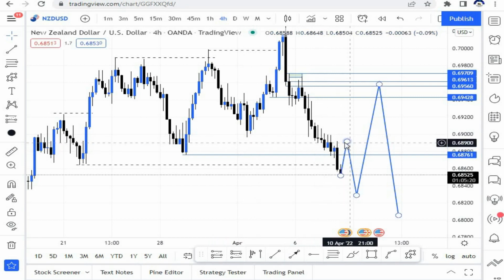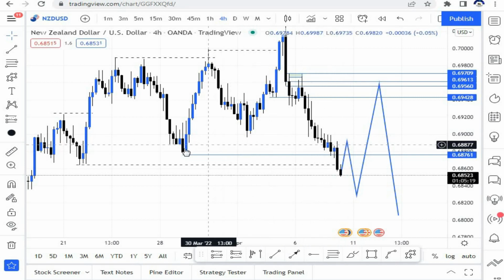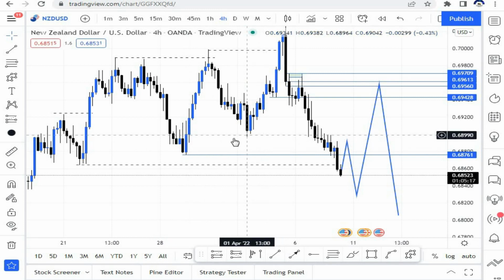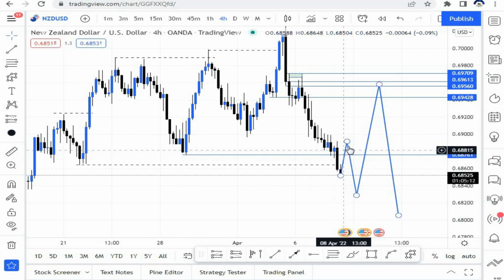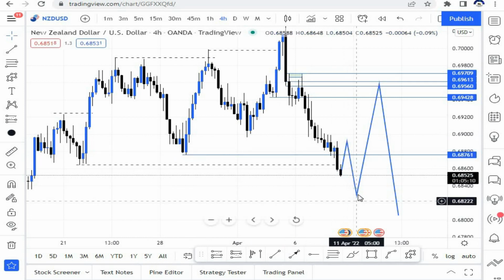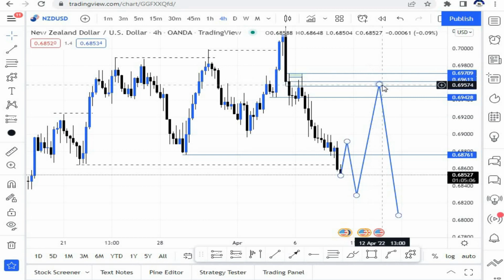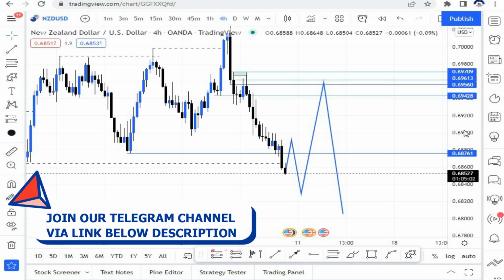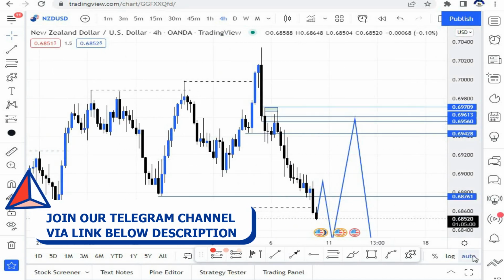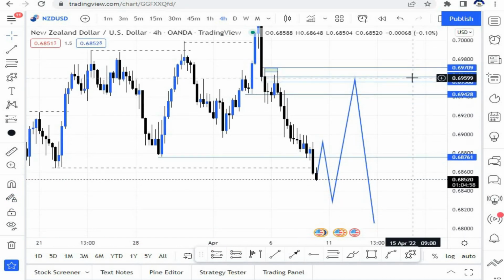So this one will be taken out because this one was after breaking the structure. Also, it was responsible for breaking this. So the price just has to come and tap in, pick the orders and shift the market going down, and then they will come to this major one because that's where the structure was changed. So that's where we expect the price to come and pick the orders.